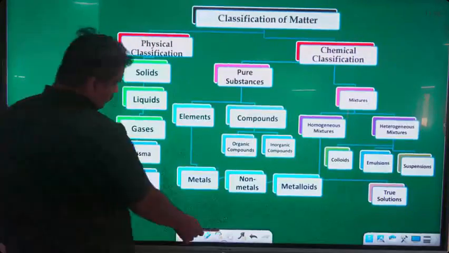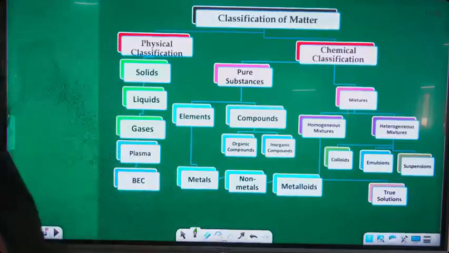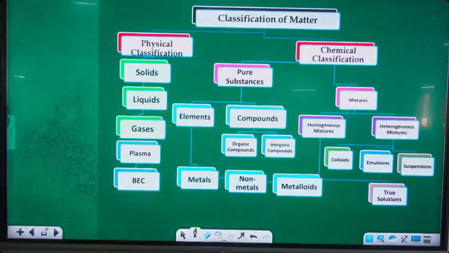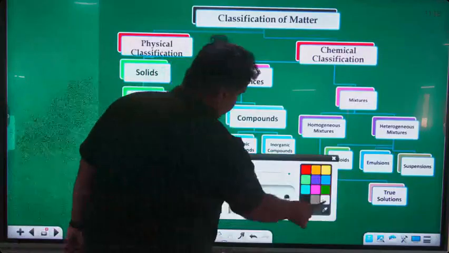So the physical classification as well as the chemical classification of matter.